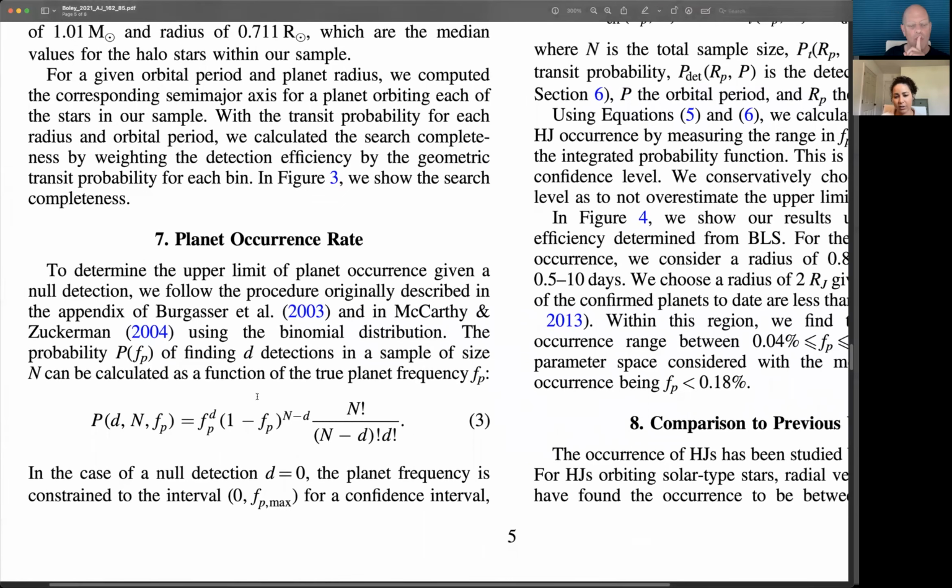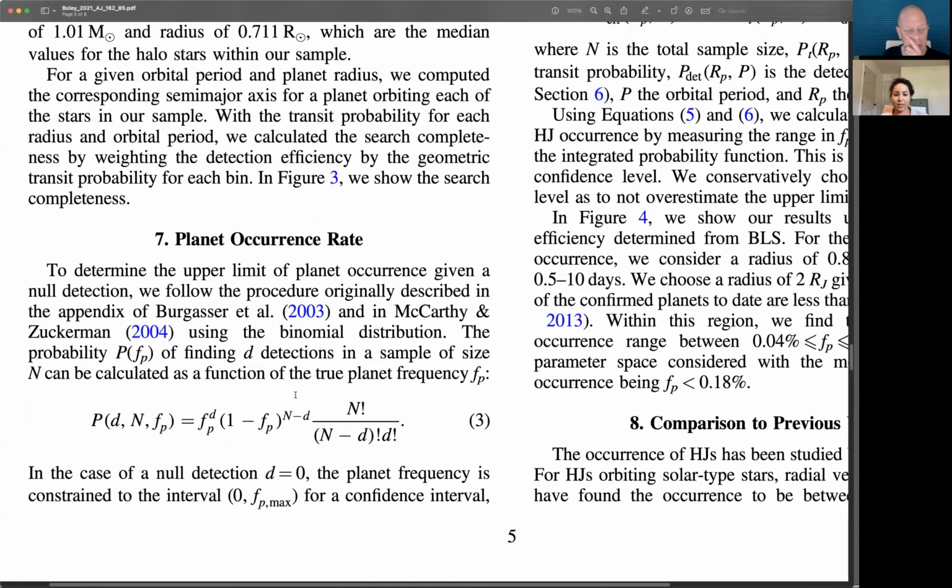When you're looking at these extremely close in planets, as well as these more massive planets, you're able to use a simpler version and use the binomial distribution to determine the true frequency, or true occurrence rate, of planets, which is very nice.